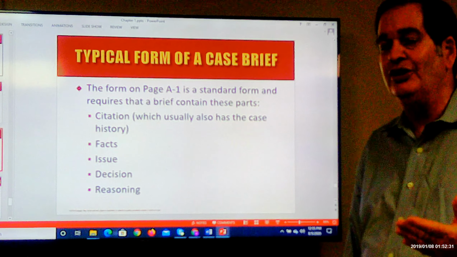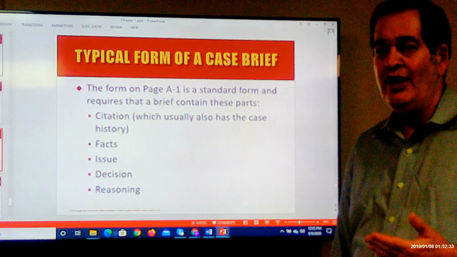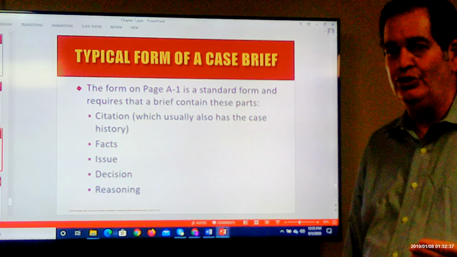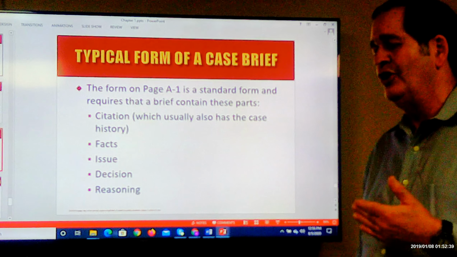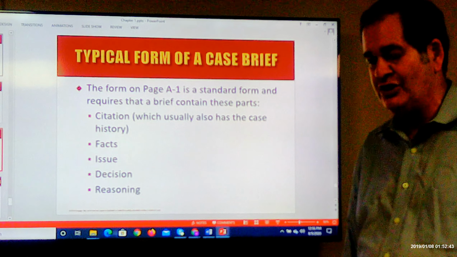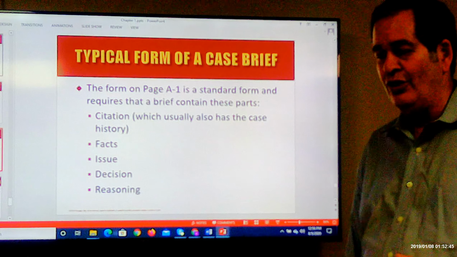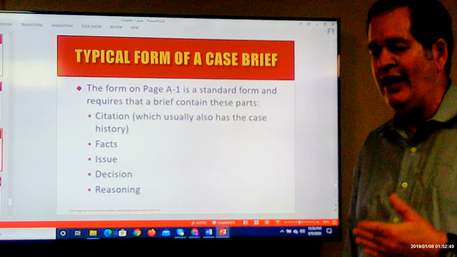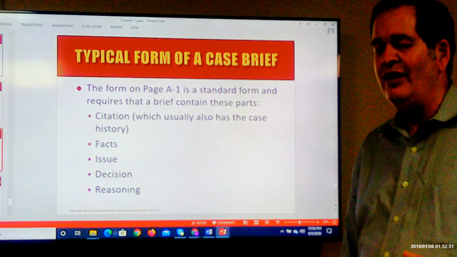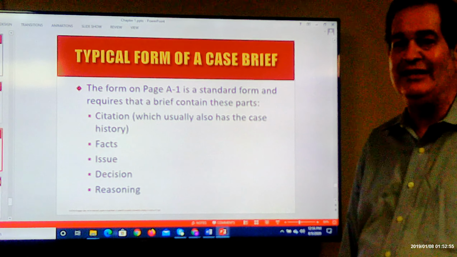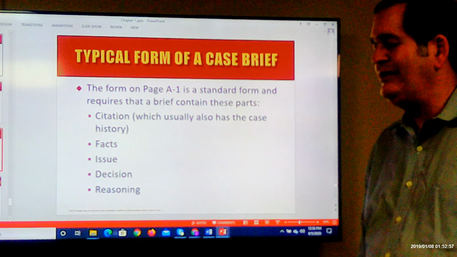Oftentimes the courts, in writing their opinions, are very helpful to us because they will tell us what the issue is, and it's usually in the form of a question. So for example, if we're briefing the case of Brown versus Board of Education, the issue would be whether separate but equal schools for black children and white children violate the Equal Protection Clause of the 14th Amendment. That's the issue. Okay, you write that issue down.